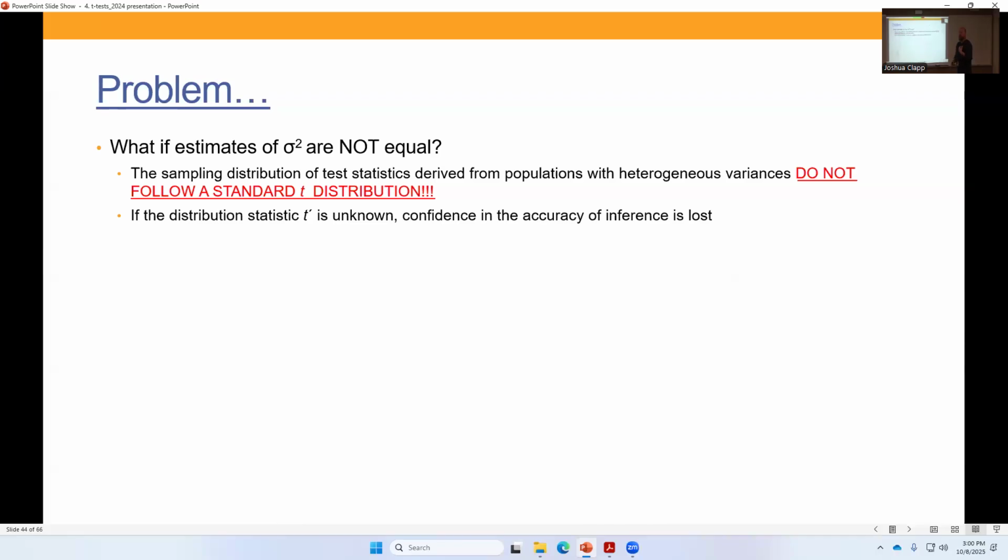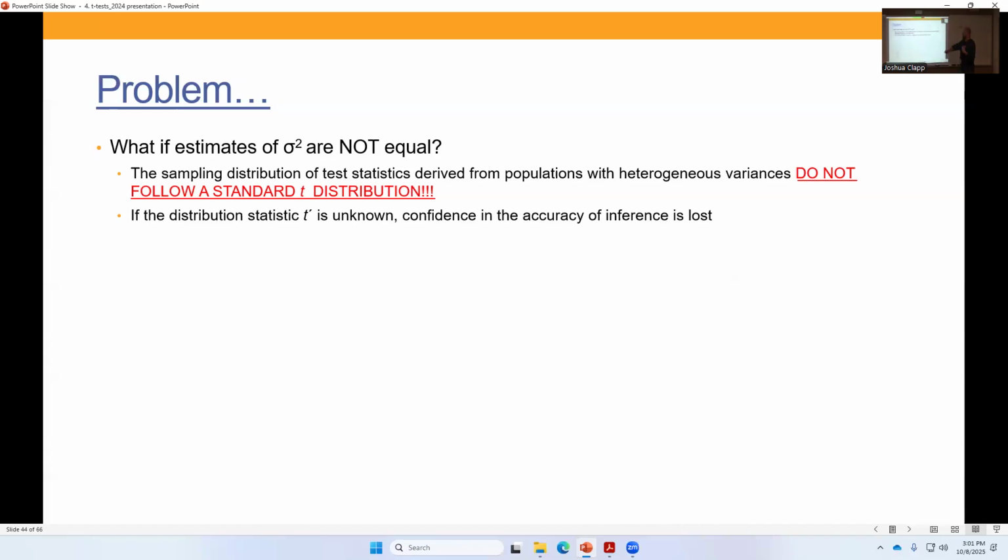What happens if you've collected data and you're finding, based on your sample data, that variability in one group is very much different than variability in the other group? If we're assuming the samples you've drawn are representative of the population, sometimes we're going to see differences large enough to suggest that maybe the population variances aren't the same. Maybe they are different. What do we do with that? How do we deal with it?